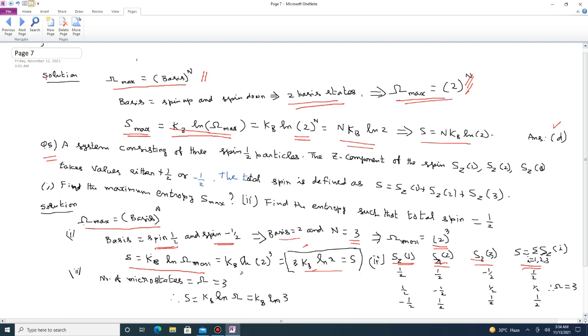Plus half or minus half. So if Sz of 1 is equal to Sz of 2 is equal to plus half, and Sz of 3 is equal to minus half, then the sum will be plus half. So this is one possibility to put Sz of 1, Sz of 2, Sz of 3, so that the sum will be equal to plus half.